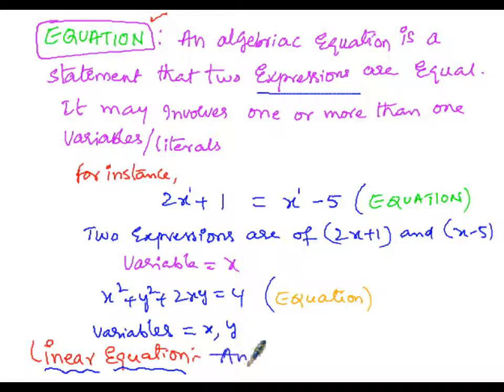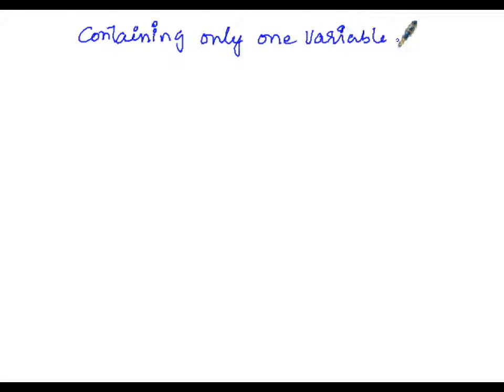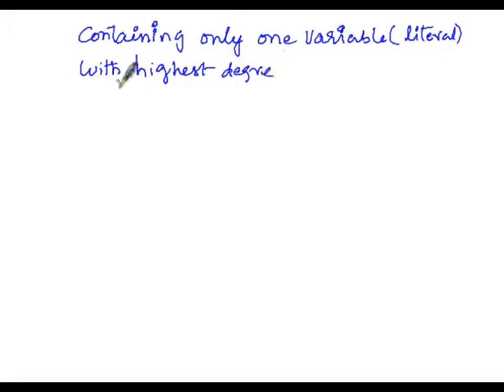Therefore, a linear equation is an algebraic equation containing only one variable, that is maybe x or y, one variable, or in other words the variable is otherwise called a literal, with the highest degree of the variable being 1. It is called a linear equation.